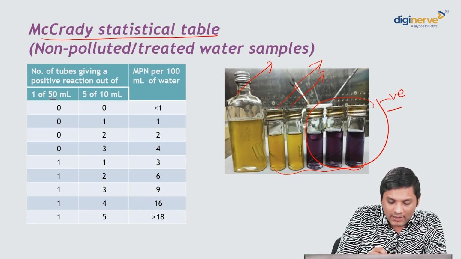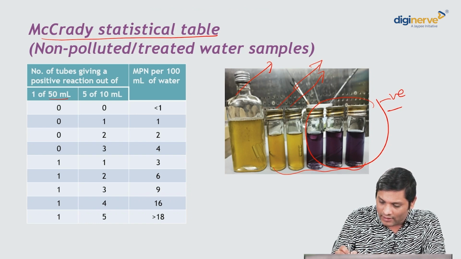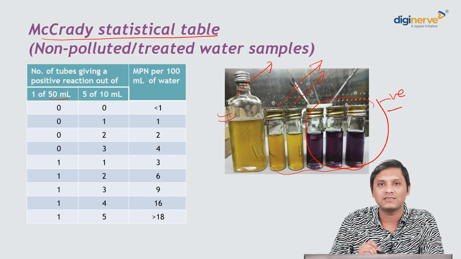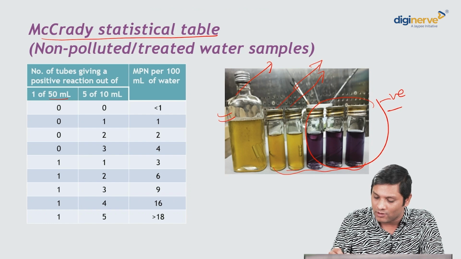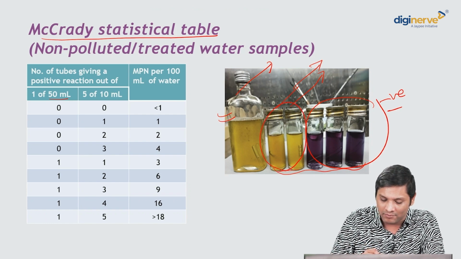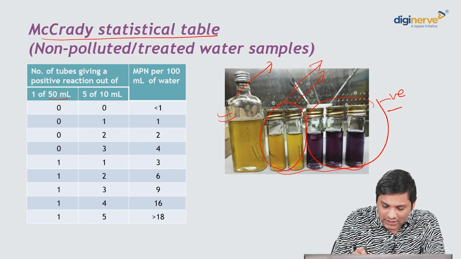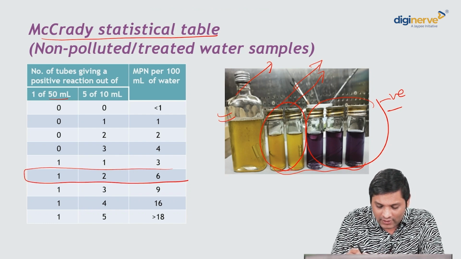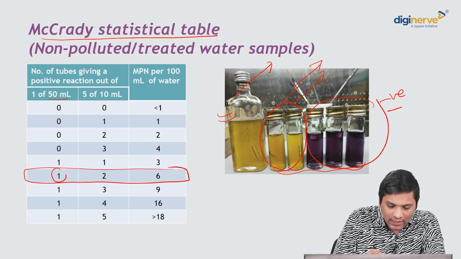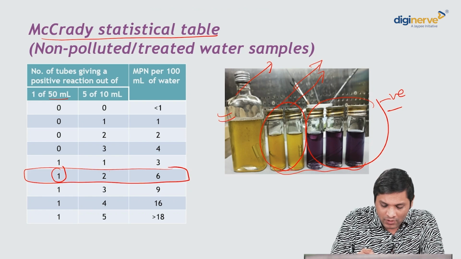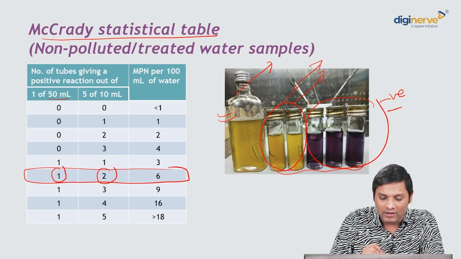Among the 50 ml, only one 50 ml has turned positive, and 2 of 10 ml have turned positive. So this is the row applicable for us.